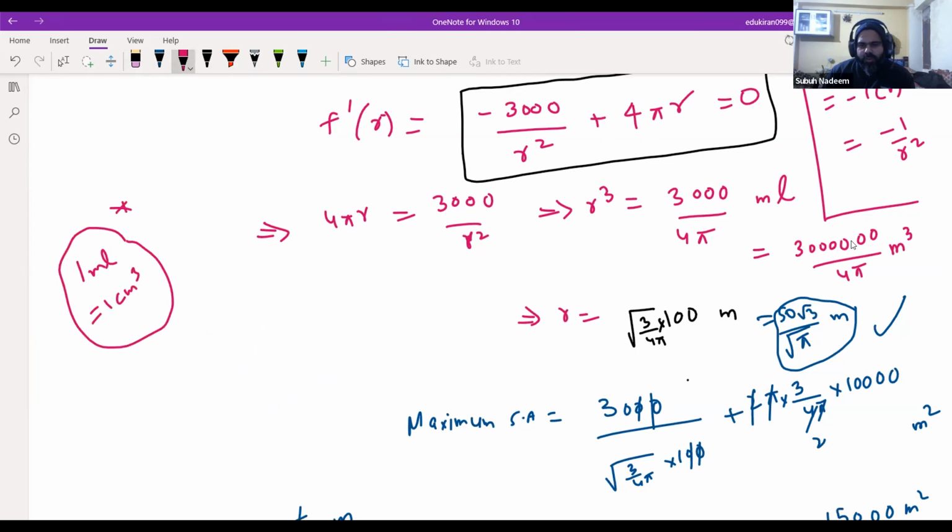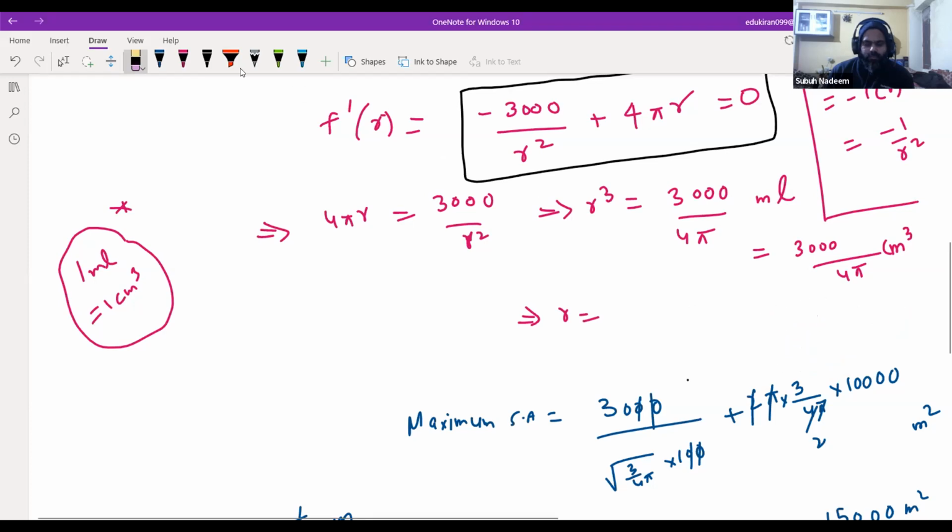So if it is this milliliter, let us remove this centimeter cube. So this is root over 3 by root over 4 pi into 10 centimeter. Cube will become centimeter.